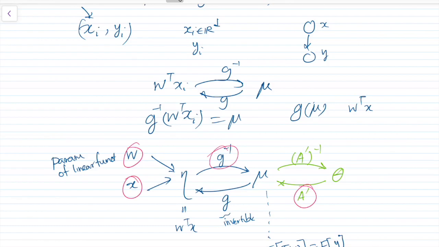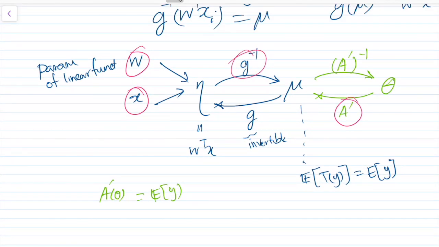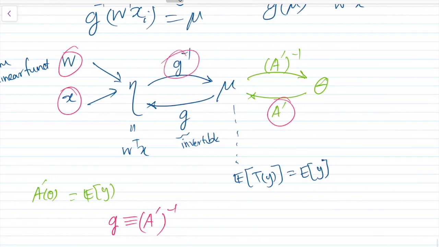Now let's make a specific assumption about g. I'm going to assume that g is A prime minus 1, the inverse of A prime.